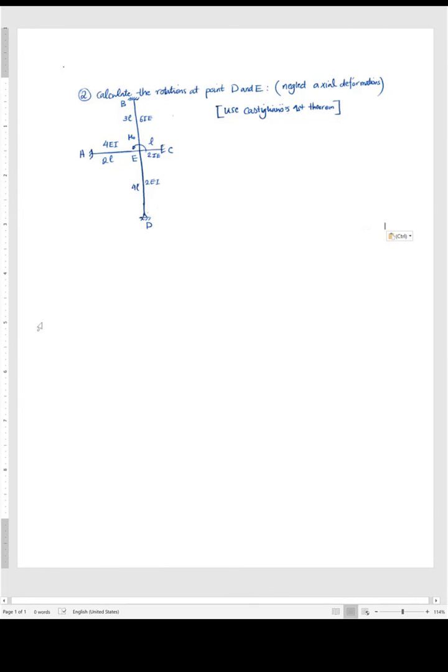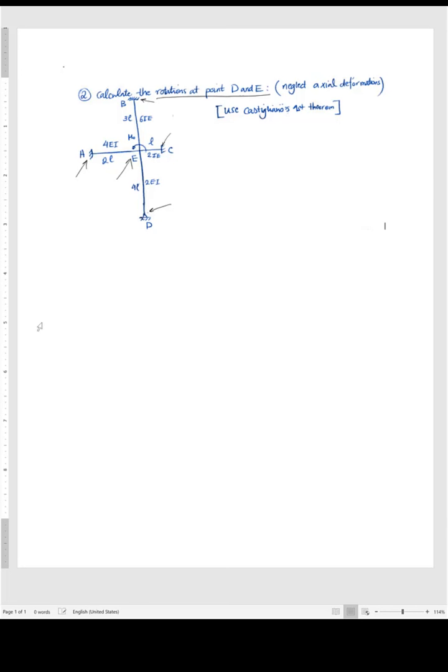Let's look at the second problem. So here you can see what we are looking for is the rotation at points D and E. Rotation at D, rotation at E. And again, similar to the logic that we had for the other one, you can see that none of these points have any degrees of freedom, right?